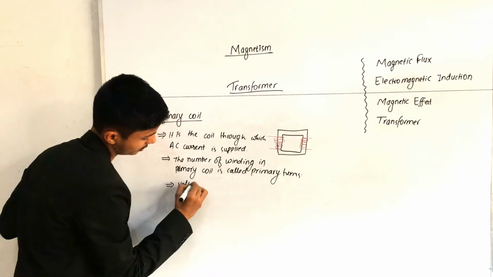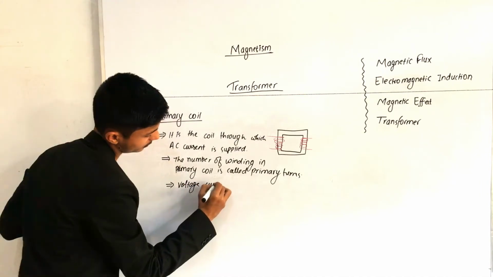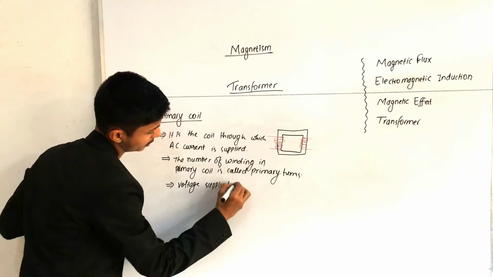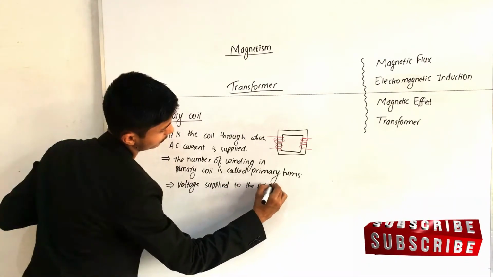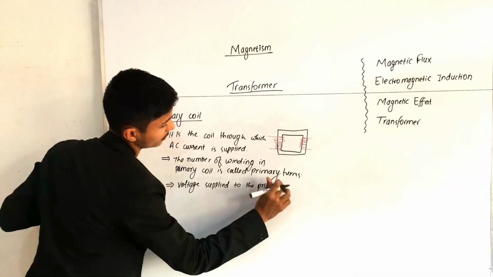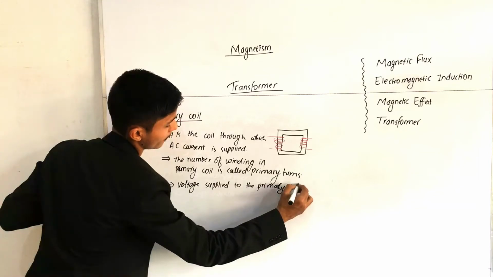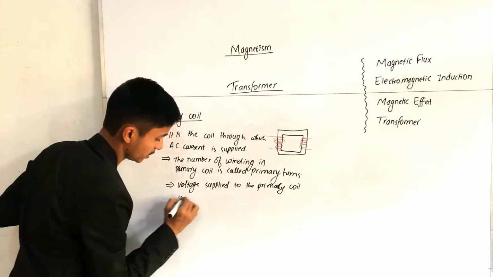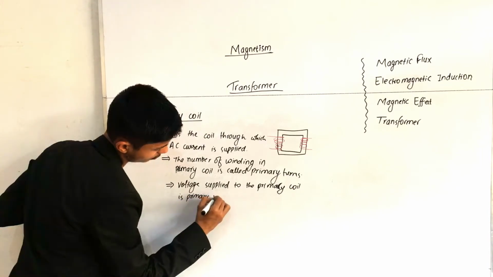Voltage supplied to the primary coil is called primary voltage.